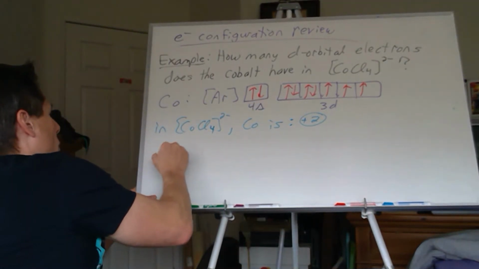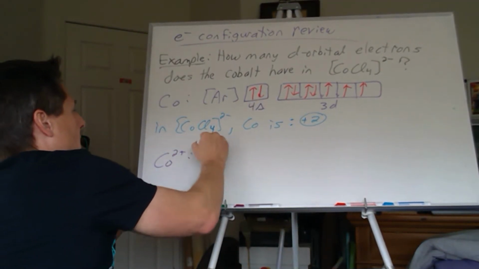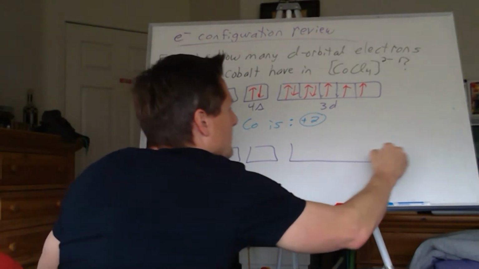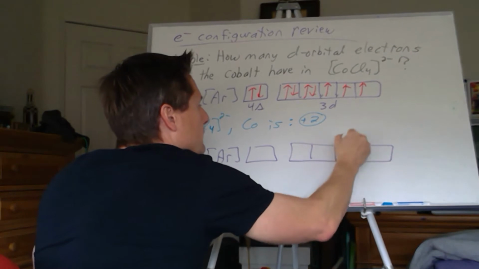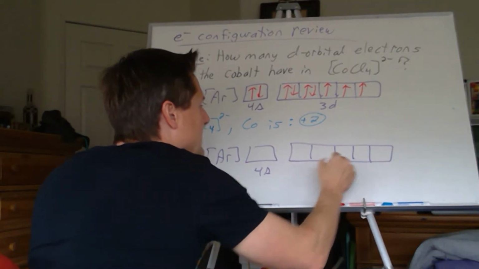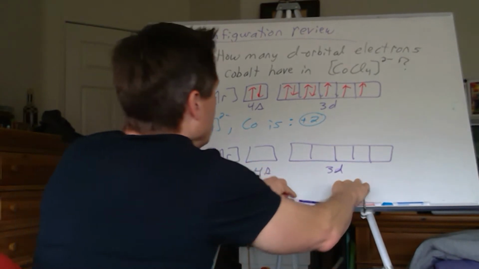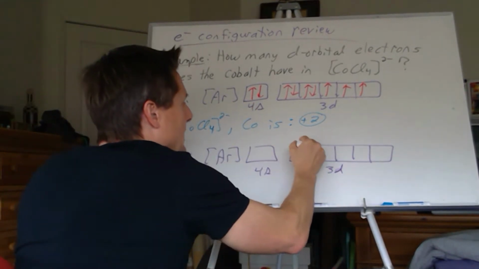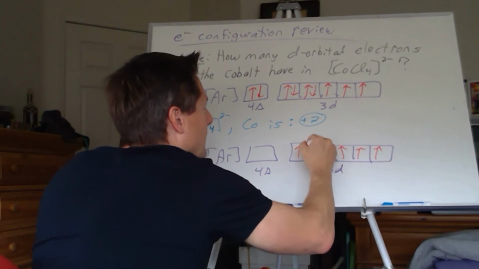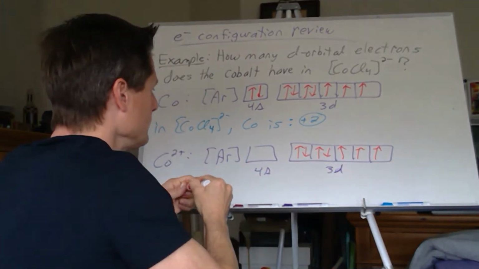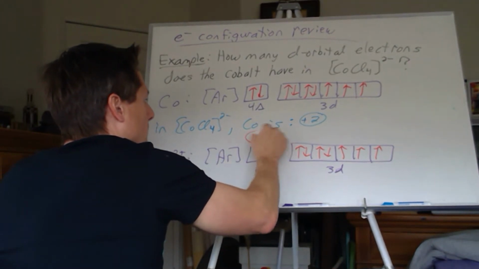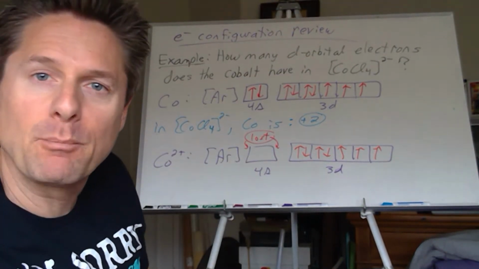So let's look at cobalt +2. That will still have the basic configuration. So let's draw this. We've got the 4s sublevel, the 3d sublevel. We lose these, but we keep these 7 electrons in the d sublevel. Right? And these were lost. Boom, that's how we got the +2.